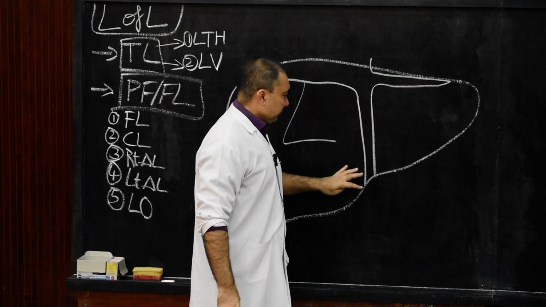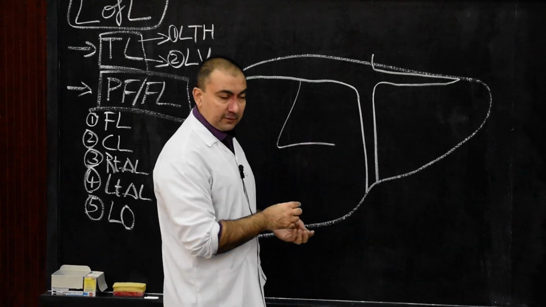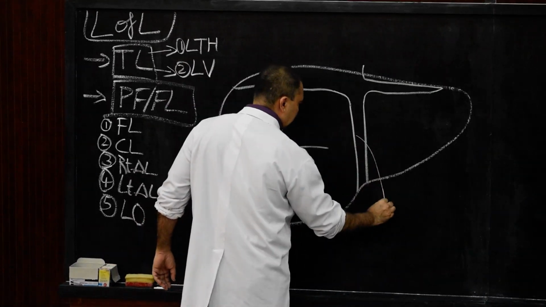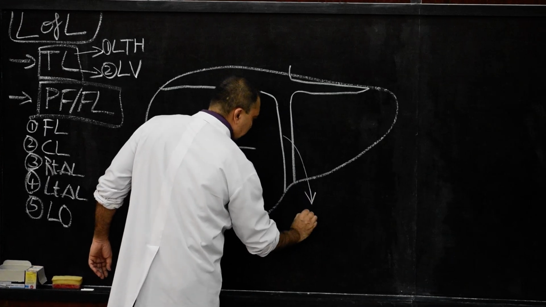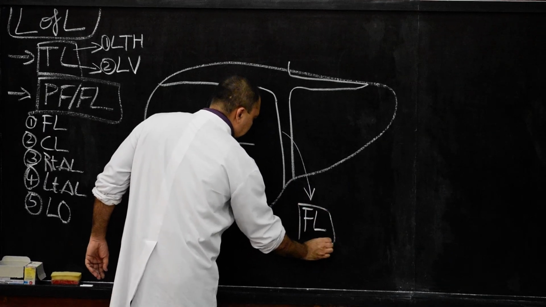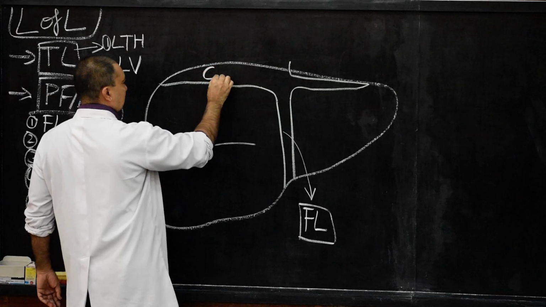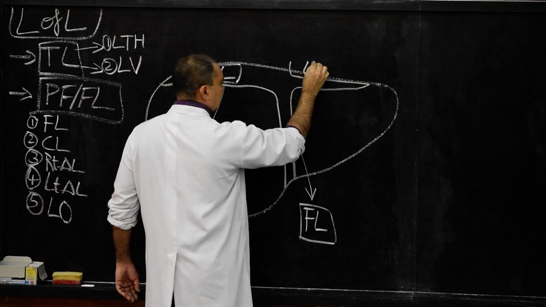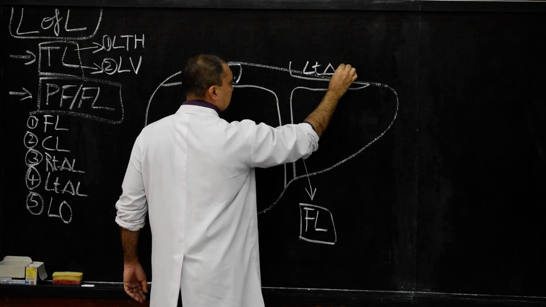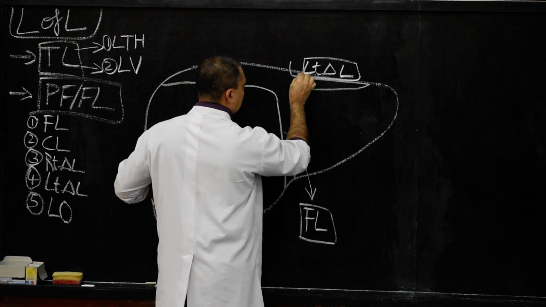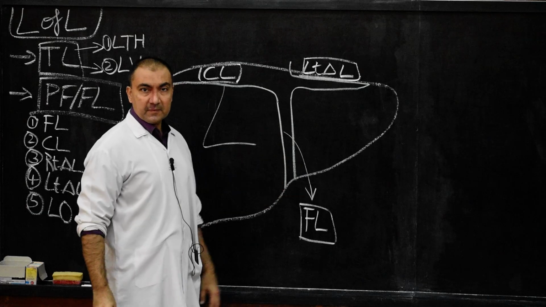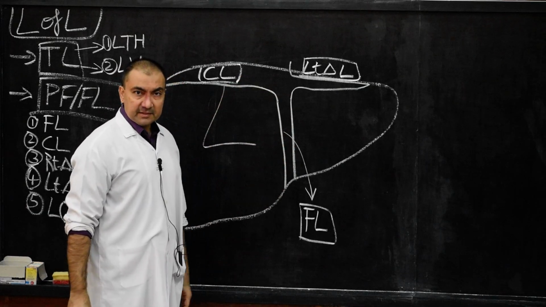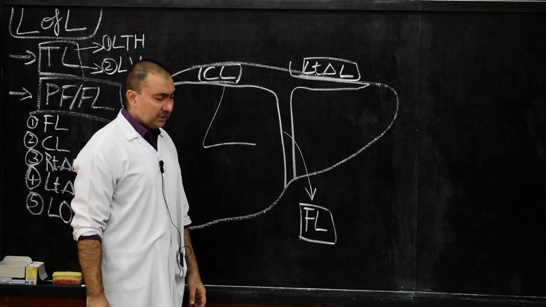So this much is the anterior surface of the liver, in which we shall note down here, this is the falciform ligament. Over here, coronary ligament. Over here, the left triangular ligament. It is triangular in shape. So these are the ligaments which are visible from the anterior side. Very simple.